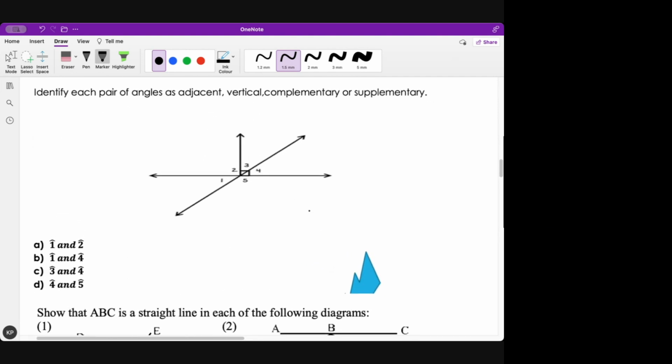I said to you in the beginning, all the angles we spoke about in our last lesson are a result of intersecting lines. And before we go anywhere and answer this question, how many intersecting lines do we have here? In this specific question, how many intersecting lines do you see here?